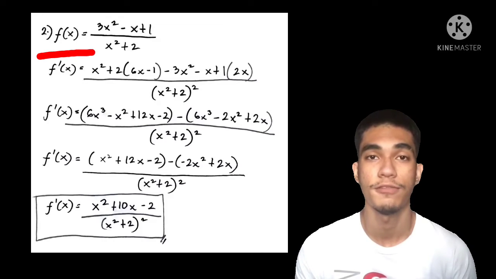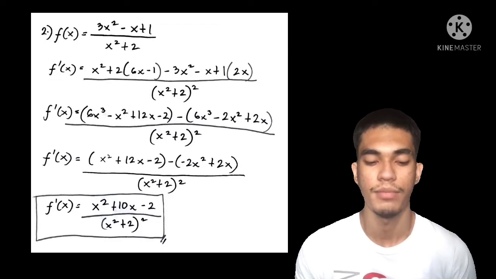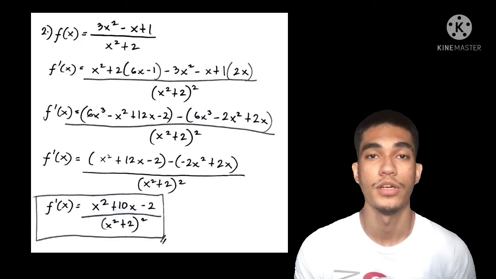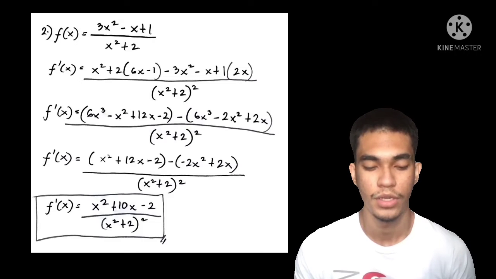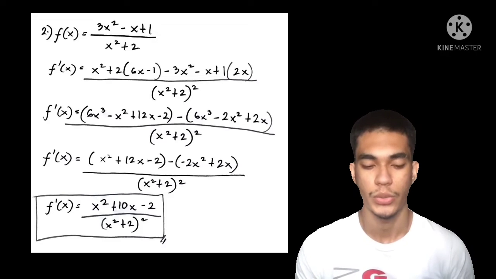Now we have f prime of x is equal to, copy the denominator, which is x squared plus 2, multiplied by the derivative of our numerator, which is 6x minus 1, minus the numerator multiplied by the derivative of our denominator, all over the square of our denominator, which is (x squared plus 2) squared.